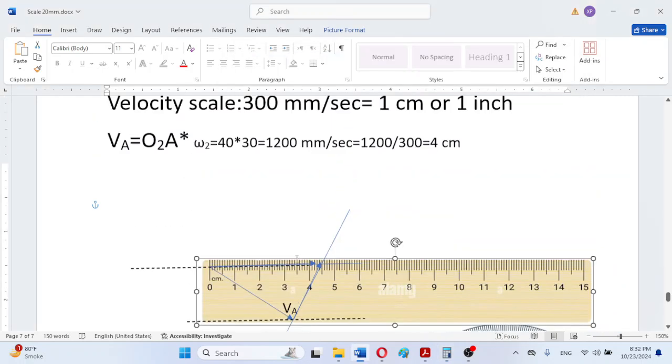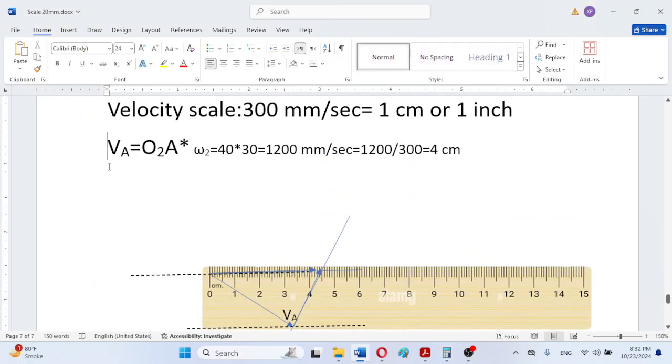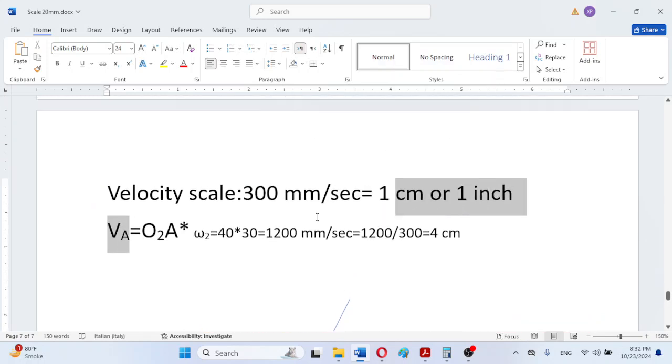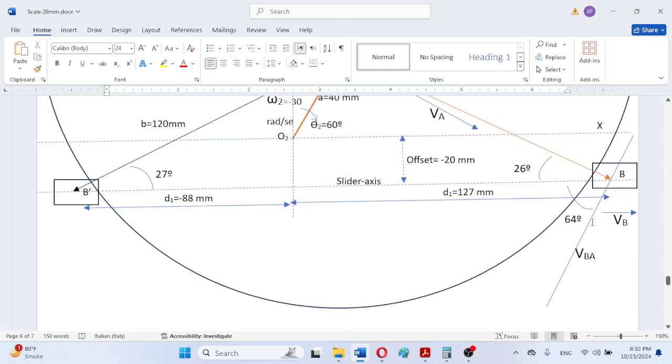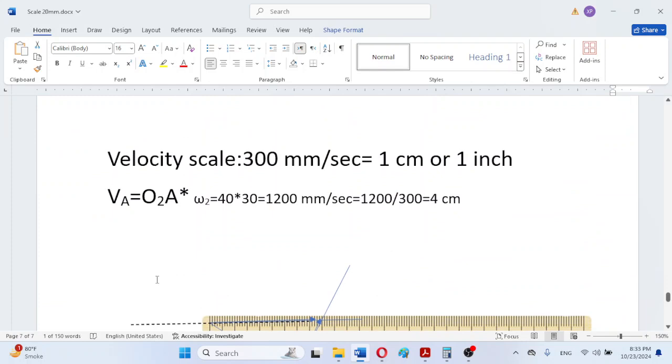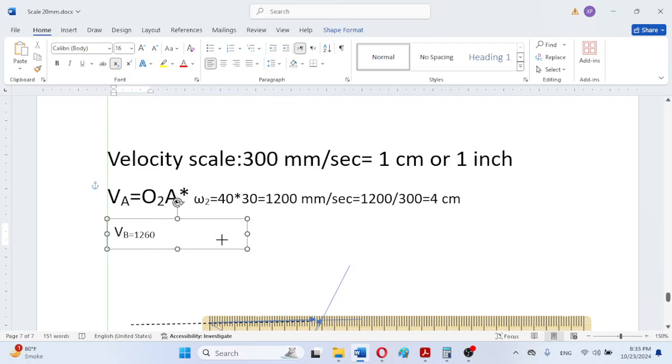So for the slider velocity, here we can write that VB will be equal to 1260 millimeter per second, as it has been calculated here.